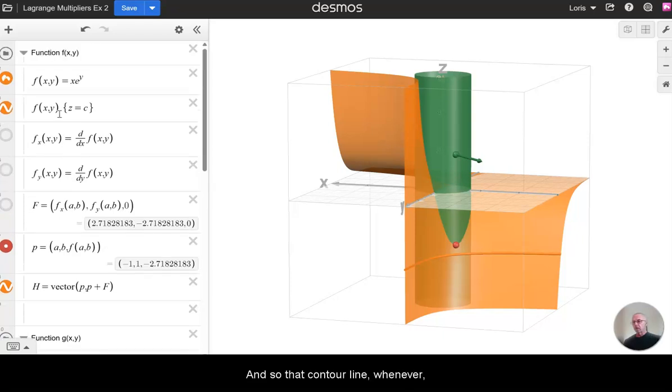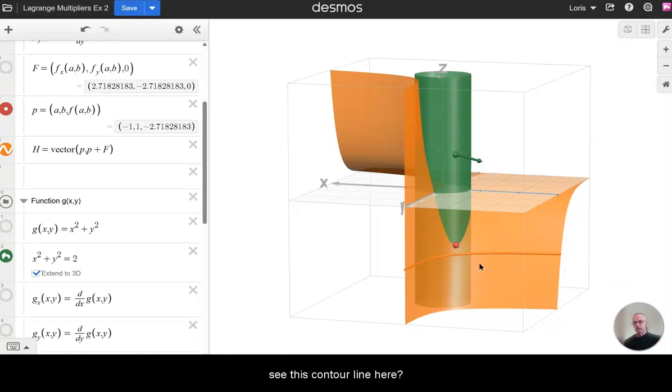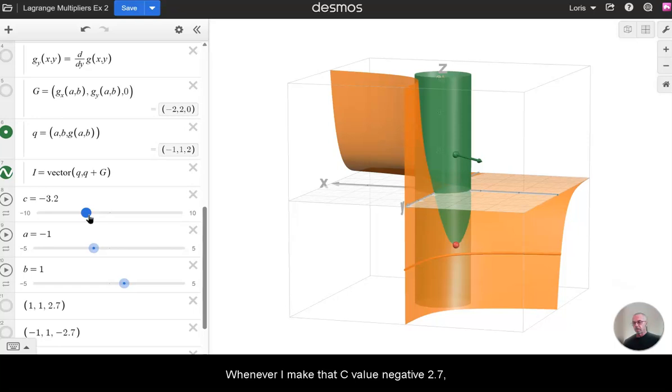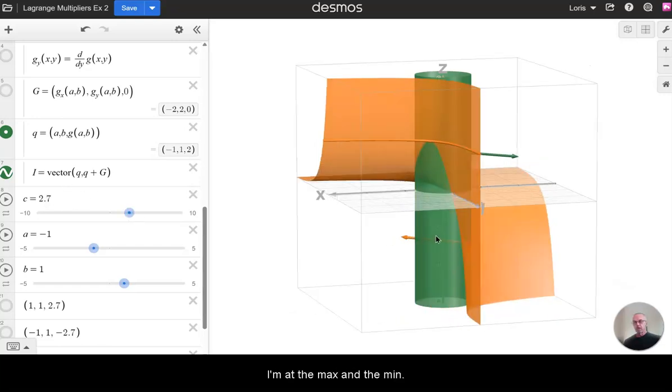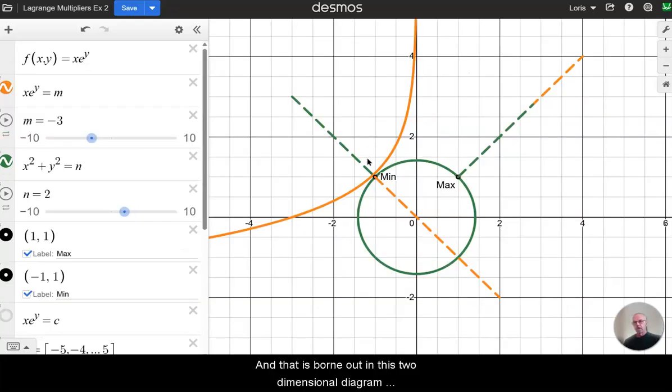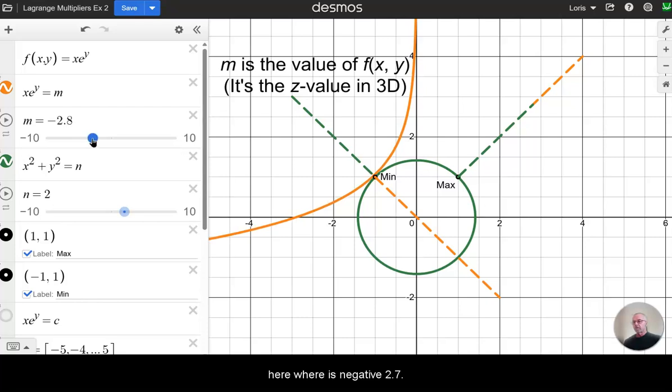And so that contour line, see this contour line here, whenever I make that C value negative 2.7, and when I make it 2.7, I'm at the max and the min, and that is borne out in this two-dimensional diagram here, where M is negative 2.7, about 2.7.